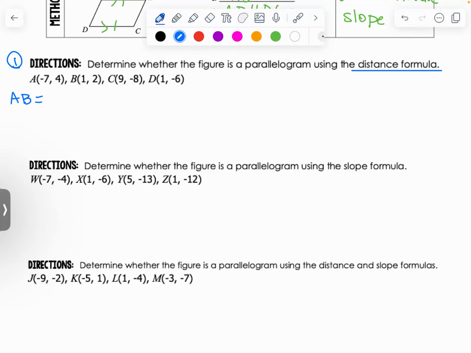We'll do that one first. Okay, so when we put in our coordinates, we want to say x minus x squared. And then we want to say y minus y squared.